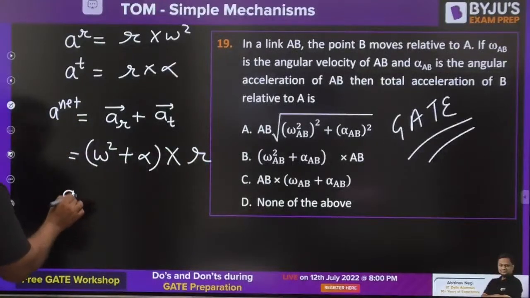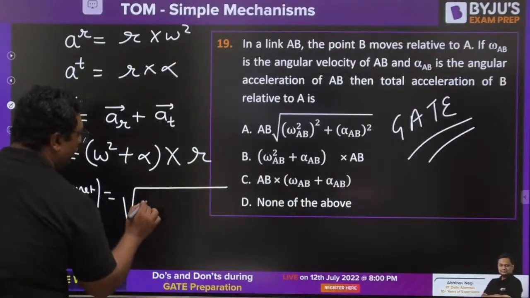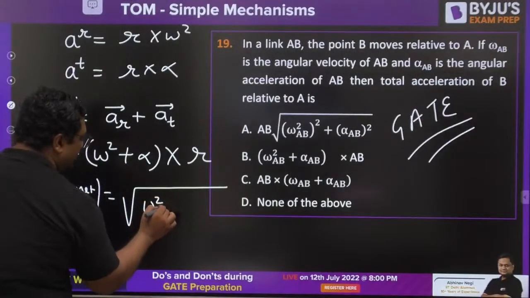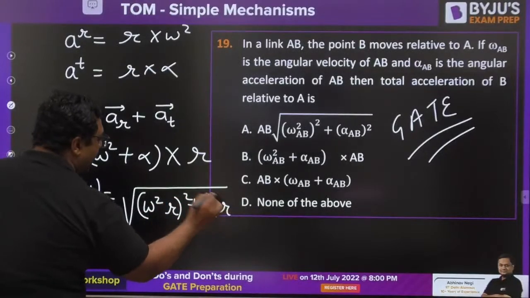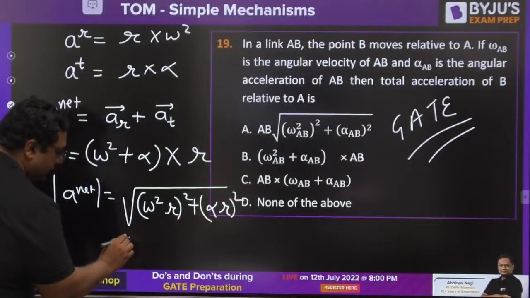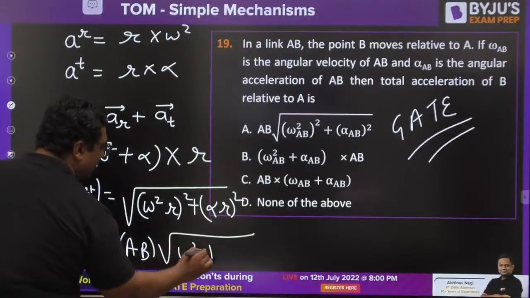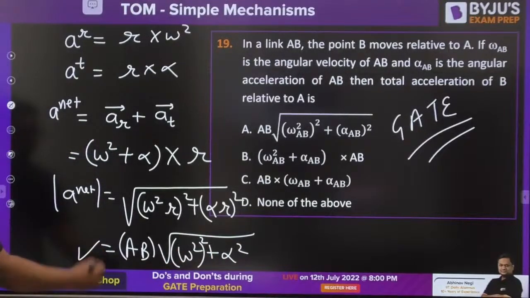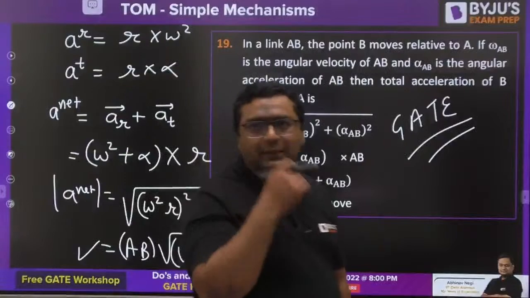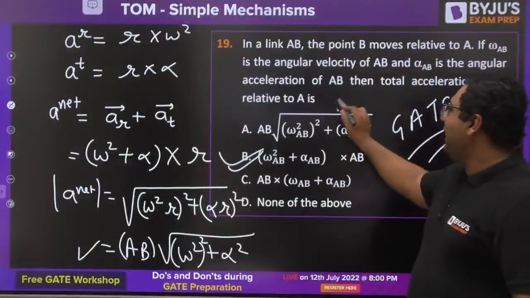But if you write the magnitude of this, it is the square root of (omega square r) square plus (r alpha) square. AB outside, this is omega square plus alpha square. So this is correct for magnitude. The answer for this is going to be B, not A. A is the magnitude.